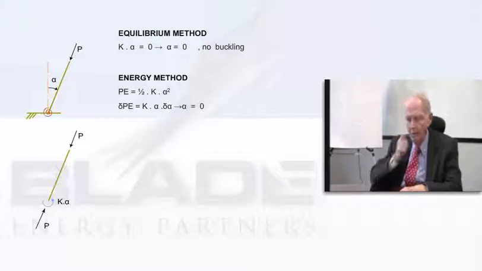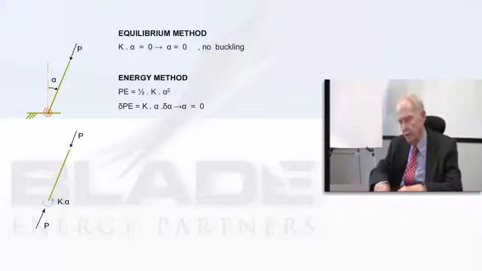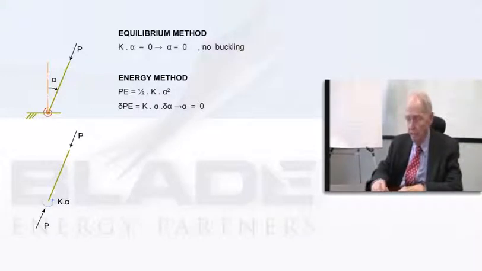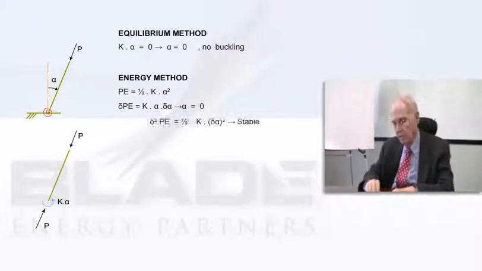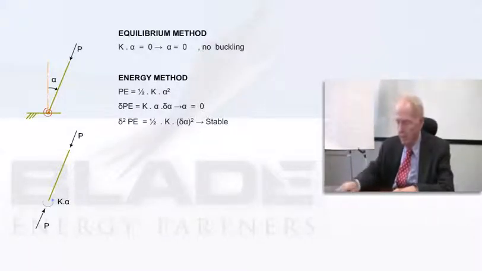It doesn't matter. So in that case, you take the variation, you come up with alpha equals 0, you take the second variation, and you get this quantity k, which we've always pretended is positive, and the change in the angle is squared, so it's always positive and it's stable.